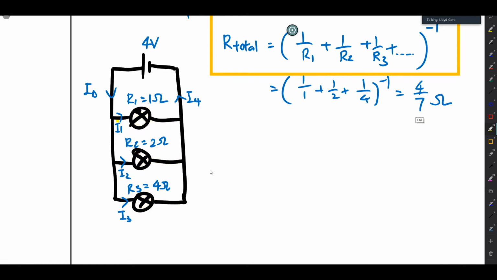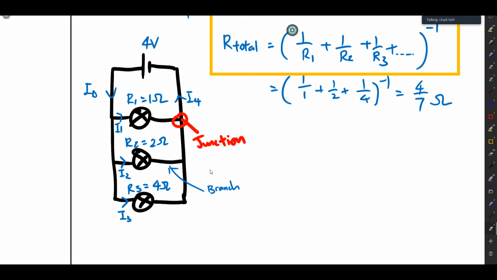Now let's define parts of a parallel circuit. Over at this point, this kind of point we call a junction. And for each of the lines where the resistors are, we call it a branch. You realize that at some junctions the current splits up.